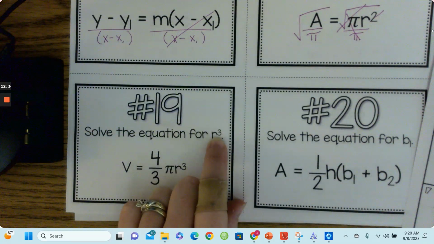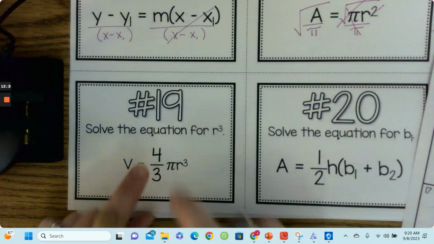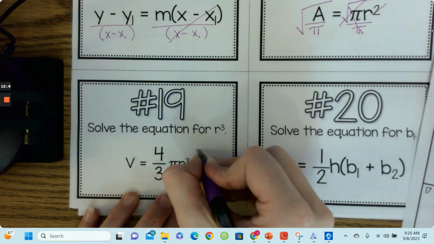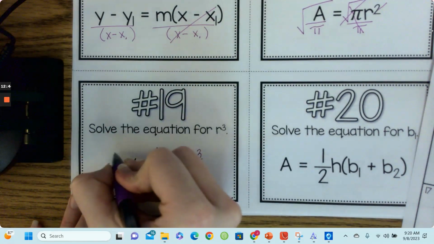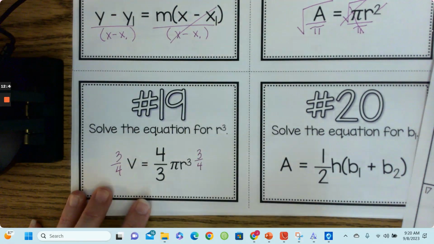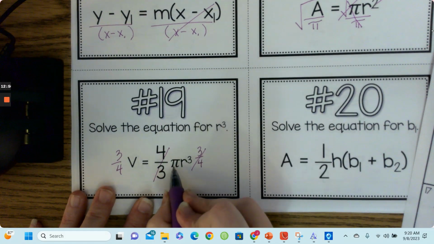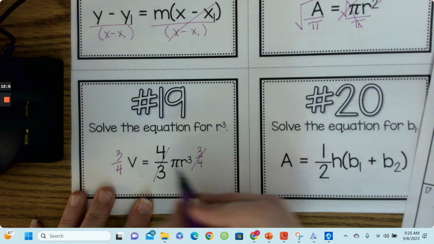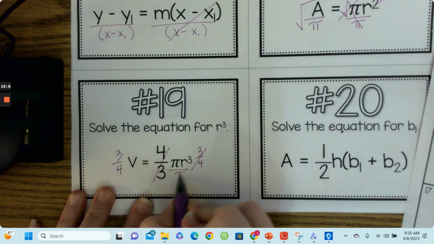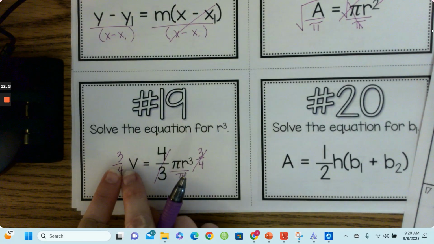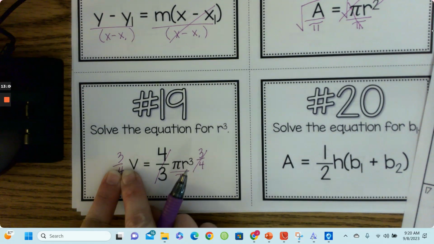19, we're not going to have to get rid of that exponent. I can have that whole r cubed by itself. So to get rid of the fraction, remember we flip it. We would multiply both sides by 3/4, and this will cancel this. All I've got left is pi times r cubed, so I would divide by pi. Before I divide by pi, I want to write this all together.